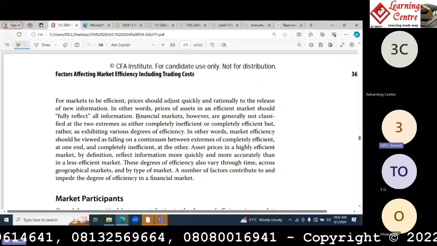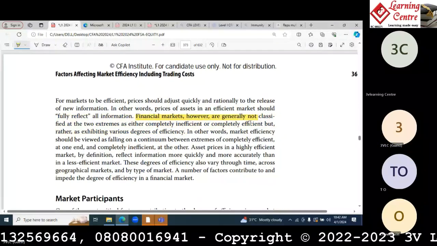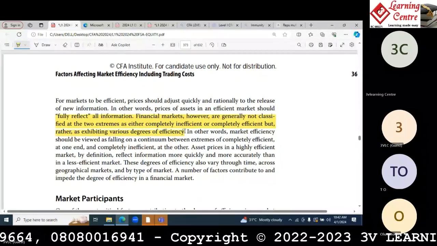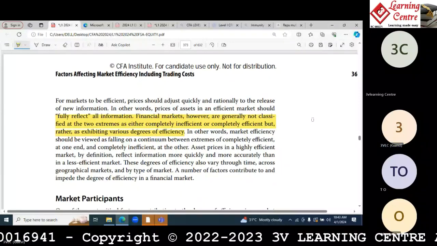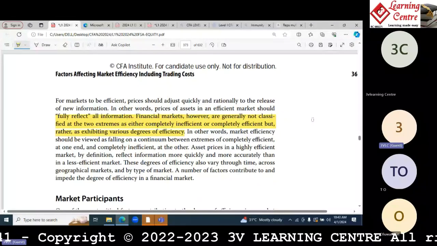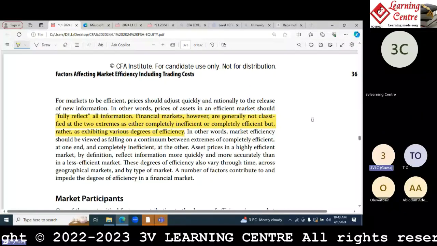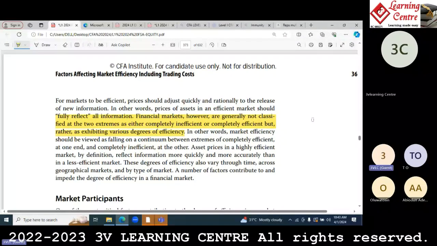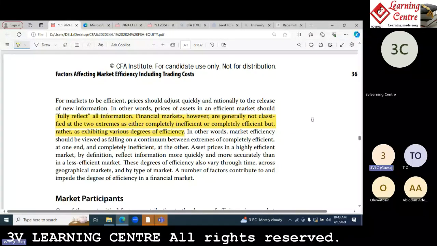Sorry, I'm reading from the curriculum. Financial markets, however, are generally not classified at either completely inefficient or completely efficient, but rather as exhibiting various degrees of efficiency.